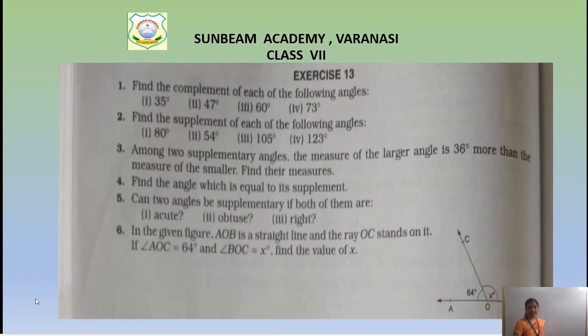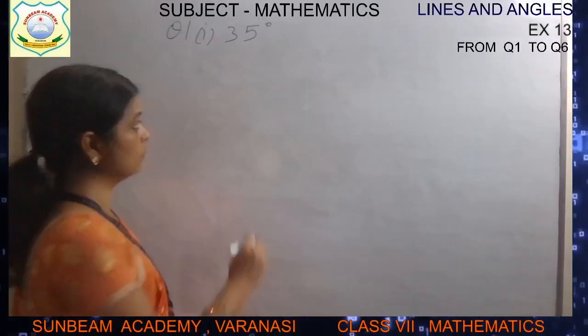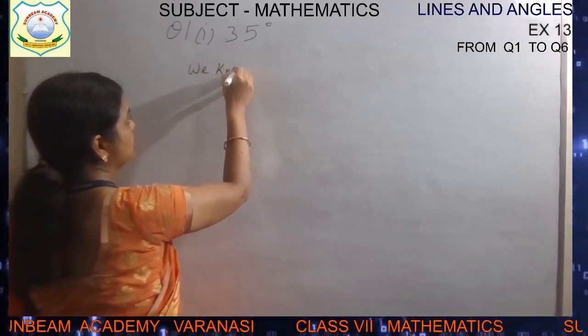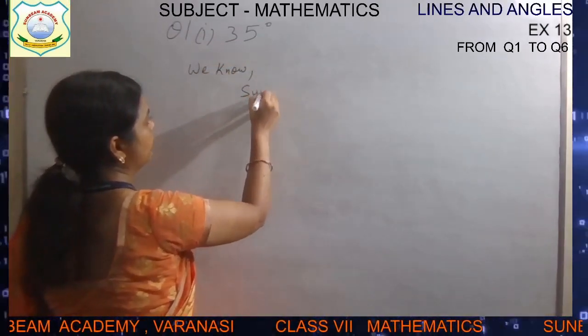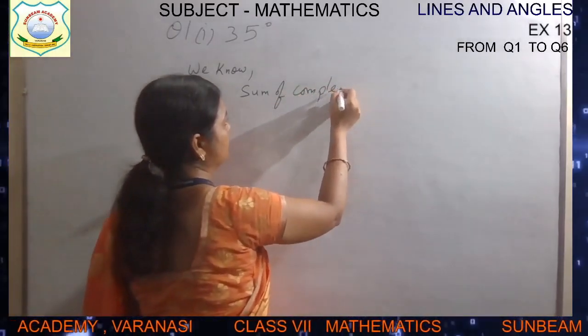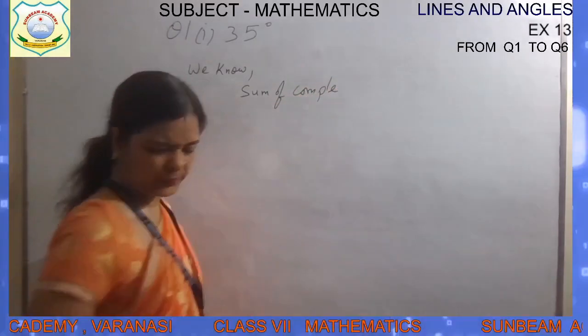First part, 35 degree. Question number 1, first part is 35 degree. We have to find the complement of this angle. We know sum of complementary angles will be 90 degree. No need to write it, children.